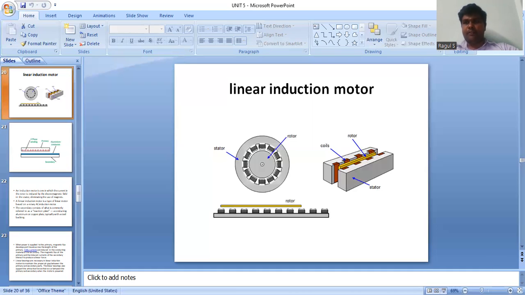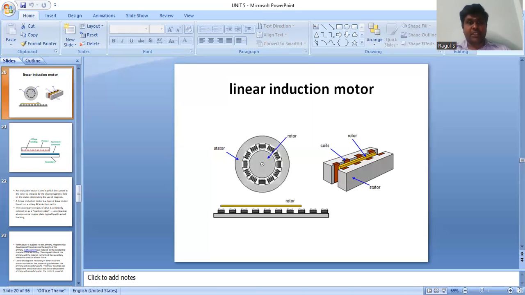This is the advantage of the short primary, because of the continuous movement of the primary over a cold part of the rotor, leaving behind the heated part. In this case, the primary moves and the secondary is stationary.